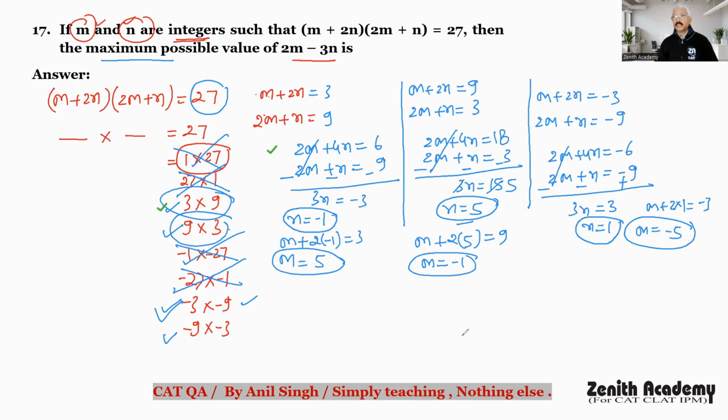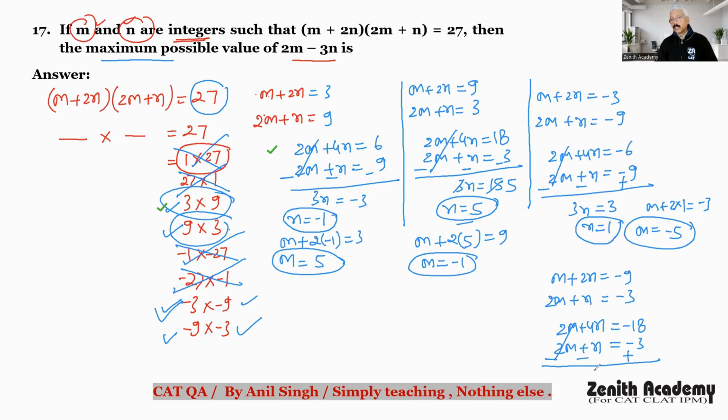And one more, when it is minus 9 and minus 3, if I take m plus 2n is equal to minus 9 and 2m plus n is equal to minus 3. So multiplied by 2, it is 2m plus 4n minus 18, and 2m plus n minus 3, this is cancelled.